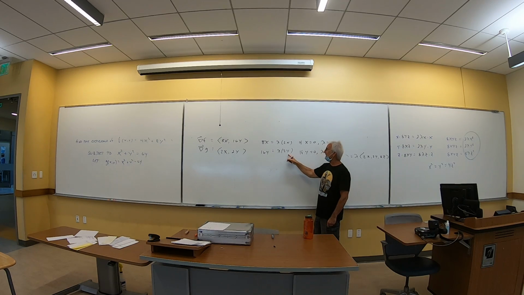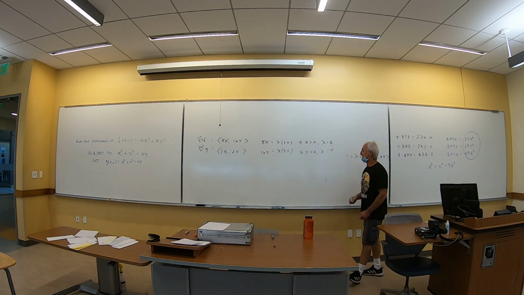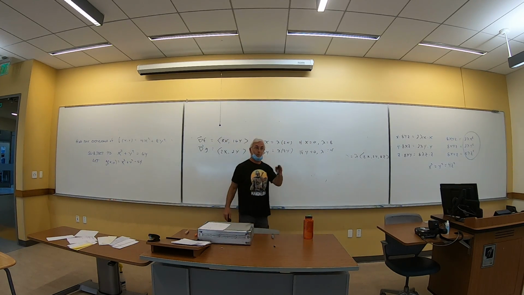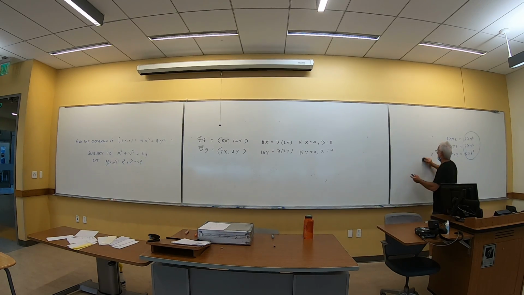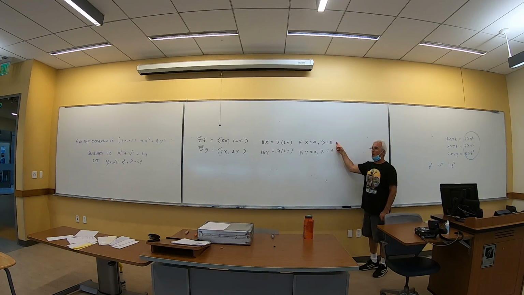Or if y is 0, then lambda must be 4, because 8x would be 4 times 2x.